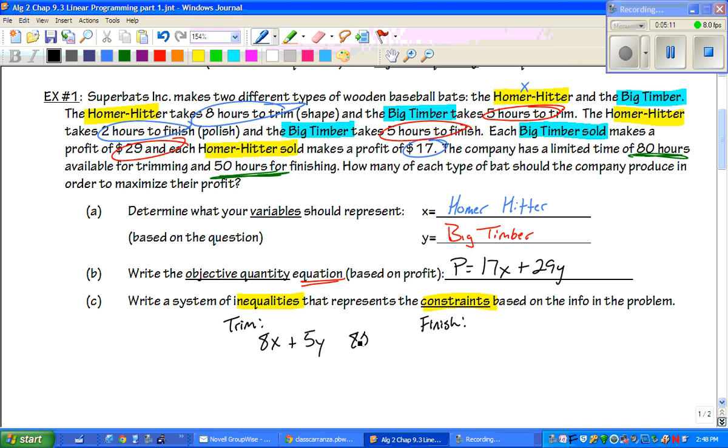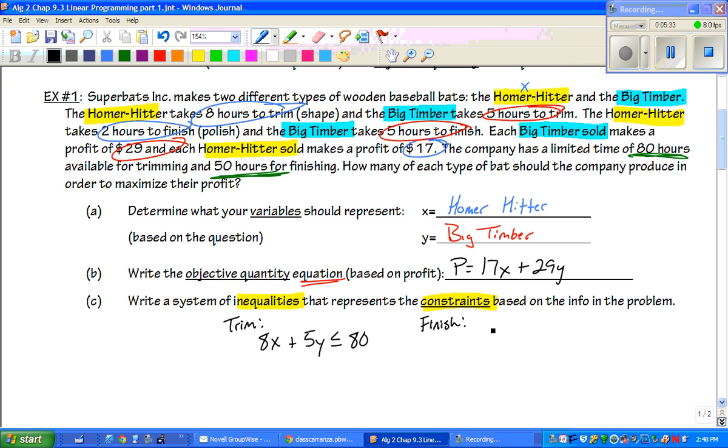Now, can we go more than 80 hours? No, you can't, so it's got to be less than or equal to that number. Now let's look at the other inequality. The other one is talking about the finish.